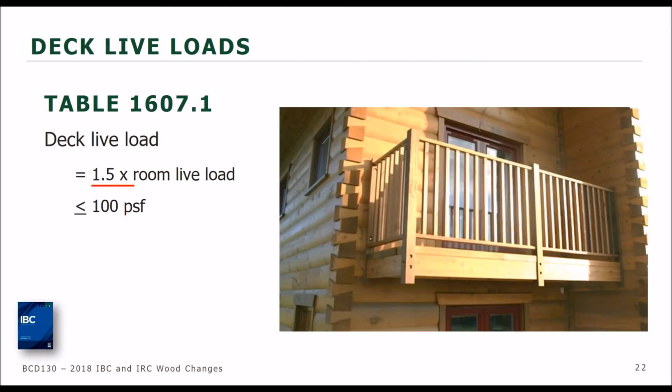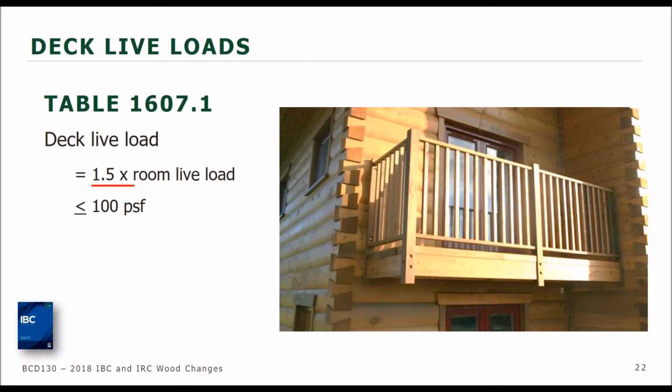And now we're into chapter 16, which is the structural design chapter. And under section 1607, live loads, there's been a modification to the requirement for the design live load. In the previous 2015 IBC, the design live load was the same as occupants served.